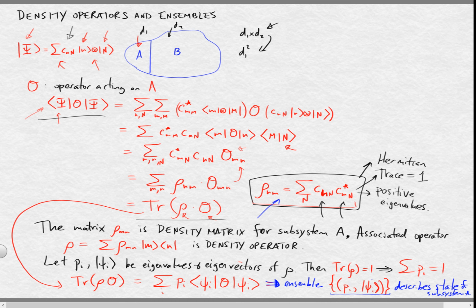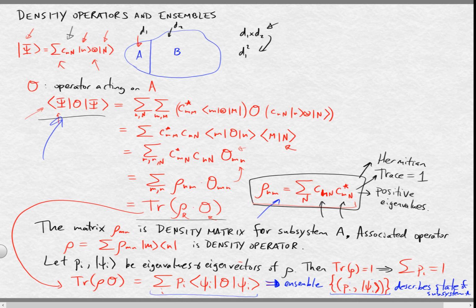And then through our derivation, we realized that the ensemble average of any observable acting on the subsystem A is going to be equal to the expectation value of that observable in our original state.